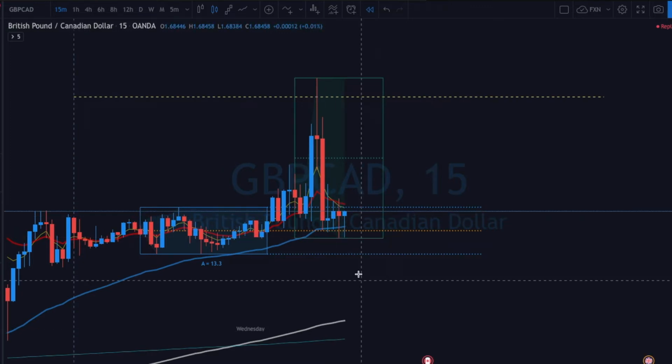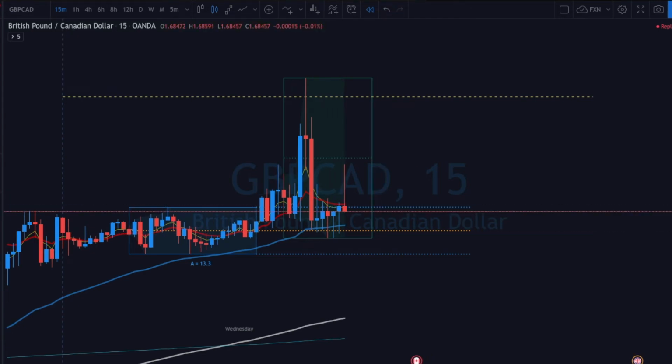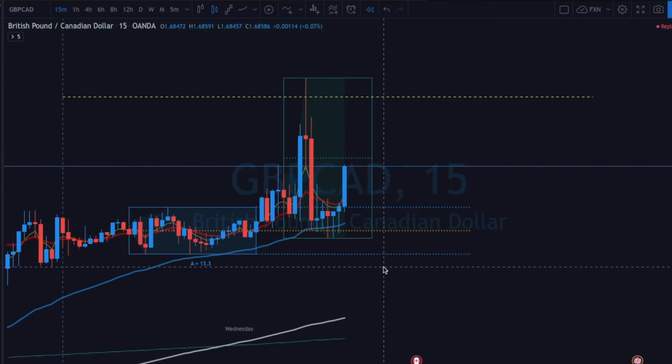Yep, pins. Look at this. Pin. What are they doing? Look, you have the 50, look at the 50 right here. It's pushing price. Is that a coincidence? No, it's not a coincidence. It's the behavior. Look, boom. There you go.